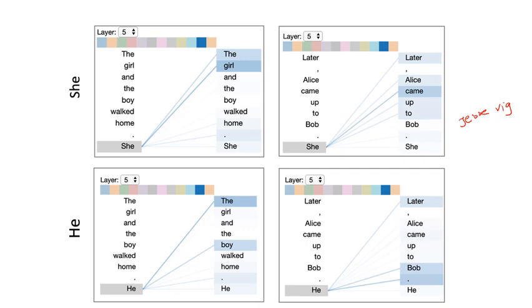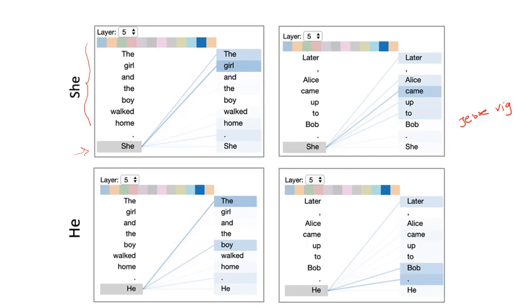In this example, you can see we have this sentence, the girl and the boy walked home. That's the first sentence. And the second sentence starts with she.